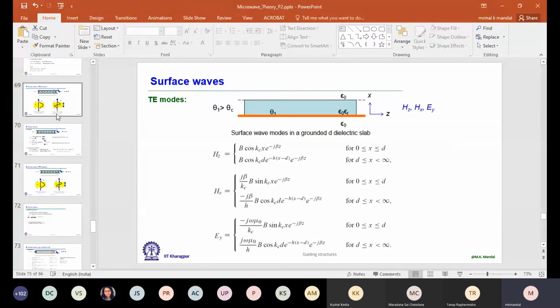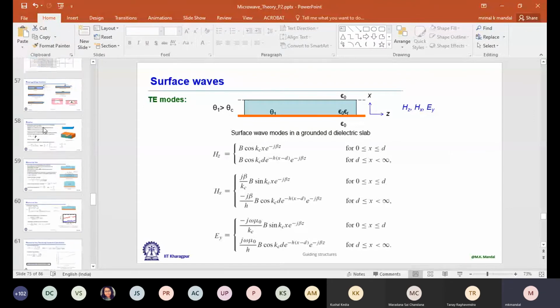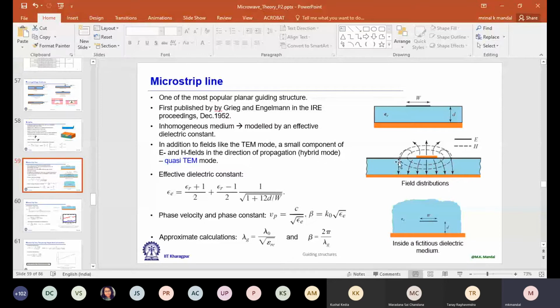Z is the direction of propagation. Now if I compare for the microstrip line case, EY looks like it is in the H direction. So basically EY is orthogonal to the microstrip electric field lines. Since it is orthogonal, there won't be any excitation of TE mode unless you use any discontinuity.